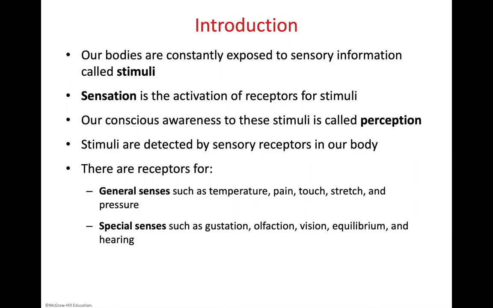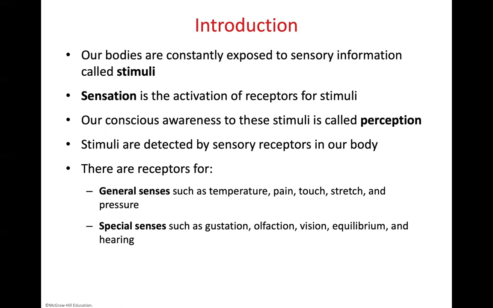So it's the process of sensing the environment through touch, taste, sound, smell. And this information is sent to our brains in raw form, and that's where perception comes into play. Our conscious awareness of these stimuli is called perception. And perception is the way that we interpret sensations and make sense of everything around us.